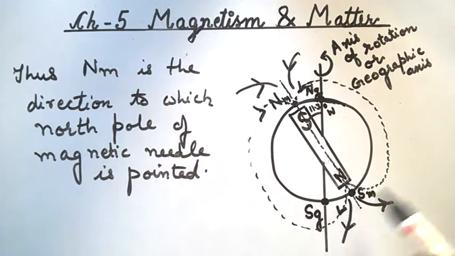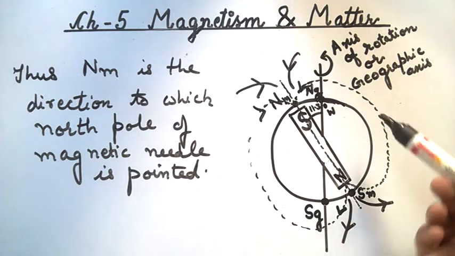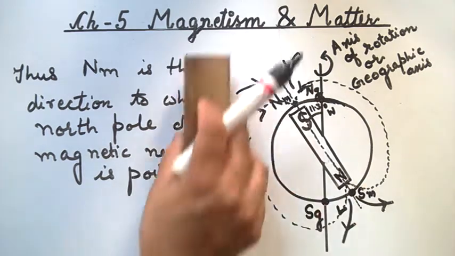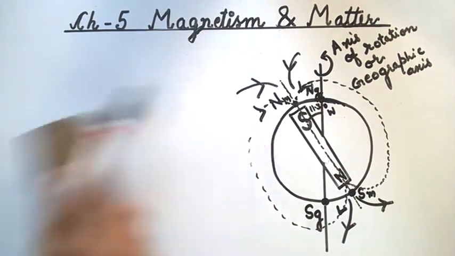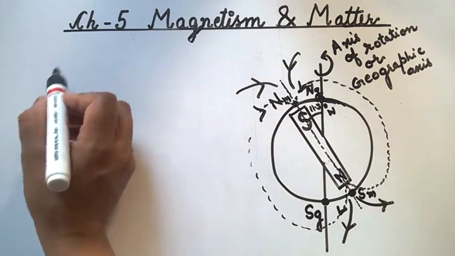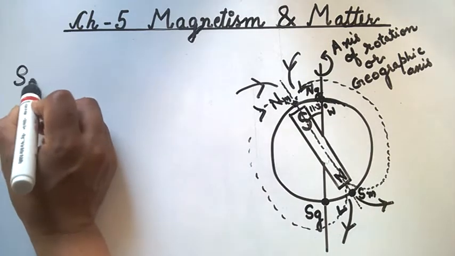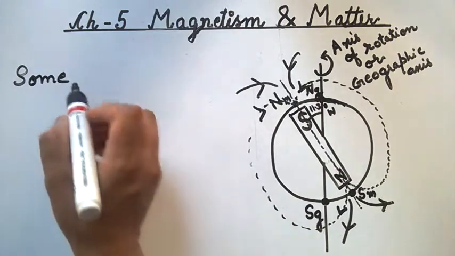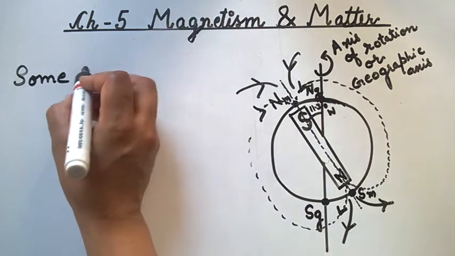So this is the basic idea of Earth's magnetism. Now let's study some terms related to Earth's magnetism. We have studied about magnetic axis, magnetic meridian in the previous videos, and in this video we have studied about geographic axis.